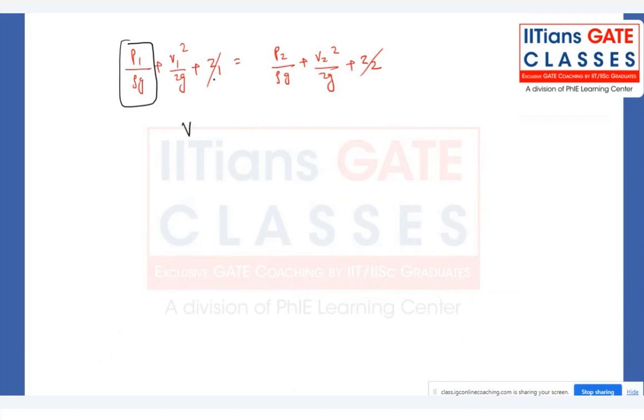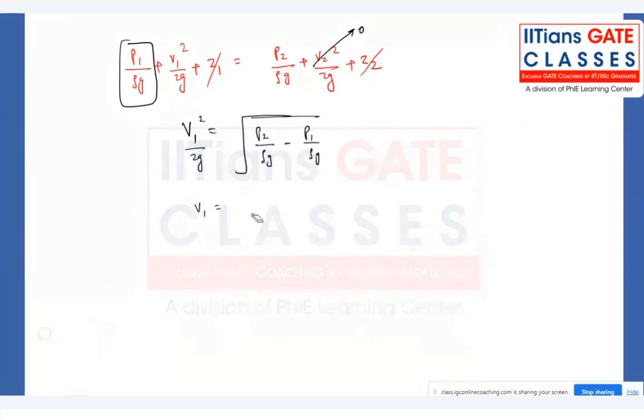V2 is automatically 0, so V1 square by 2g equals P2 by rho g minus P1 by rho g. V1 can also be written as under root of 2g times P2 by rho g minus P1 by rho g.